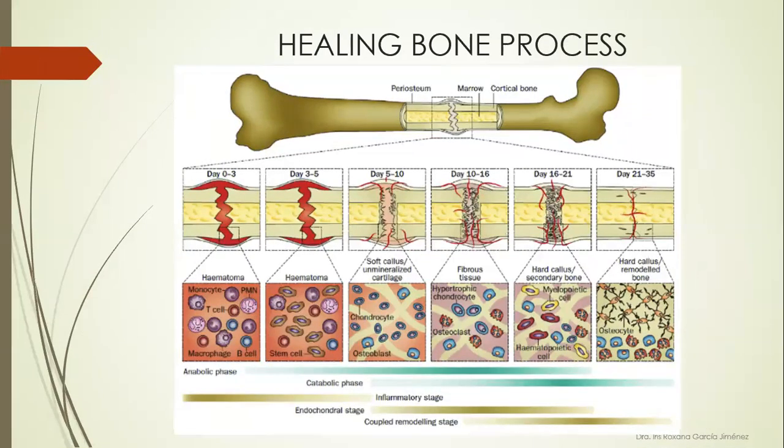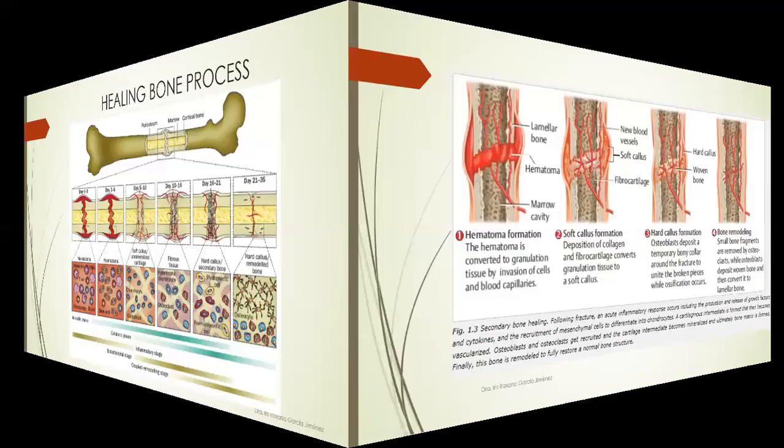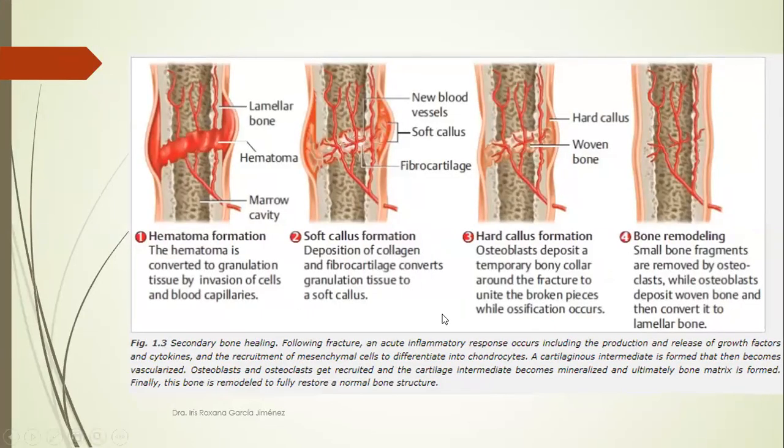About the healing bone process, just as information, we have this chart showing us the processes. And please read it in order to catch vocabulary. Okay, it's important to check anatomical structures, anatomical processes, physiological processes, and descriptions for catching ideas of how we must talk from this point ahead, how we can describe these processes, for organizing ideas and getting an example of how we can talk about these situations, okay?